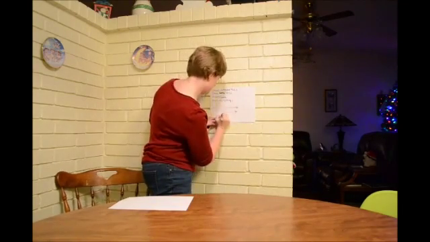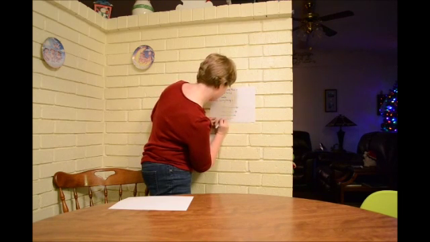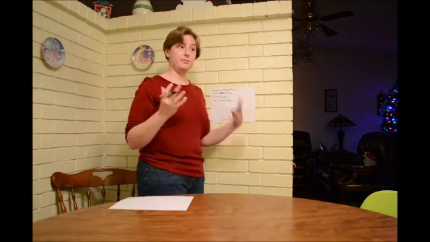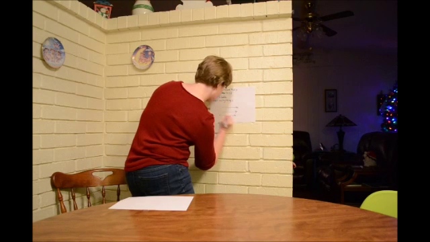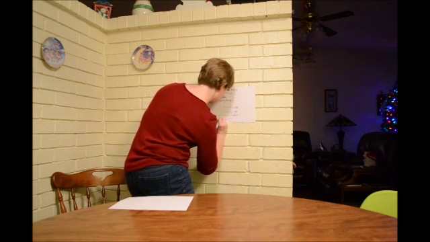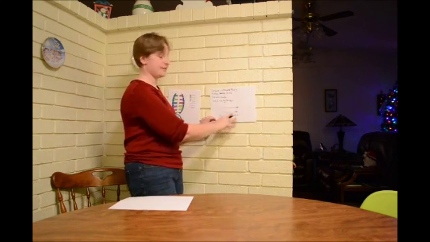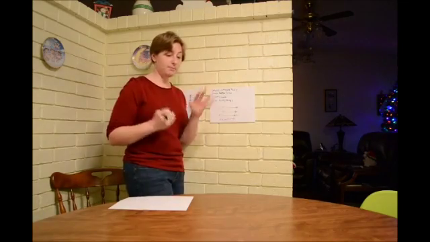Anti-parallel, the lines are going in opposite directions. So we represent this on our DNA as 5' and 3'. So 5' on one side, 3' on the other. And then if you have a complementary strand, you would write it like this.